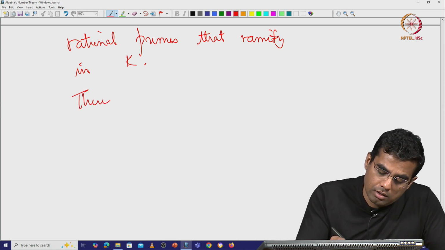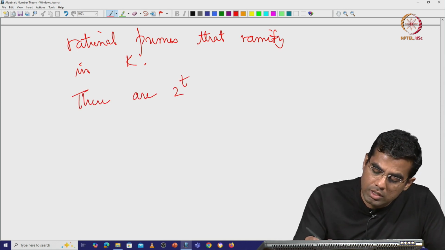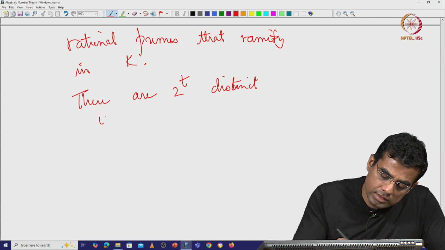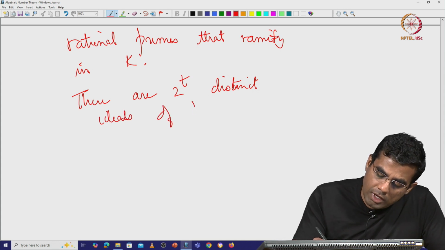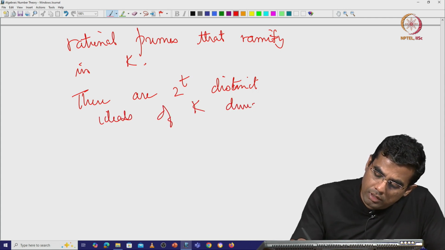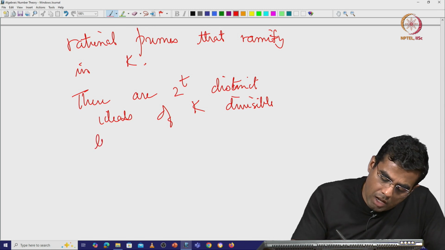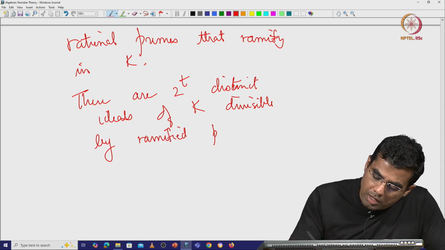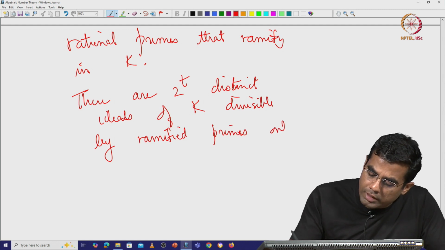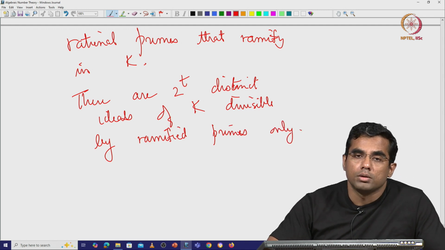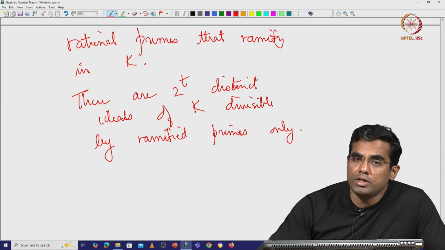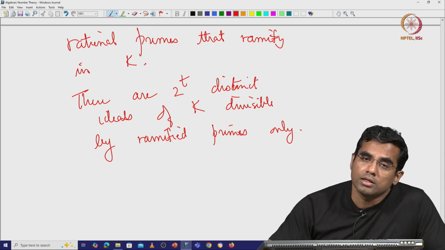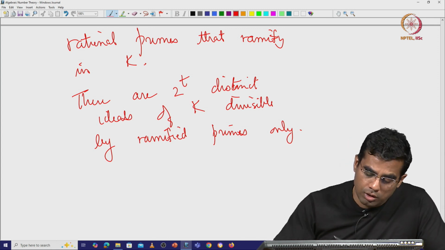So there are 2 to the t distinct ideals of K divisible by ramified primes only. Okay. So there are 2 to the t possible classes that have order 1 or 2.